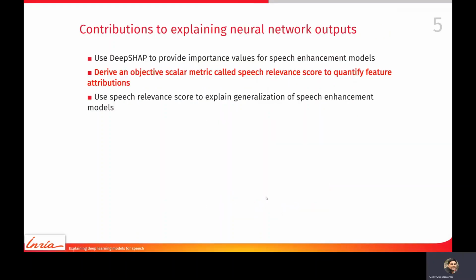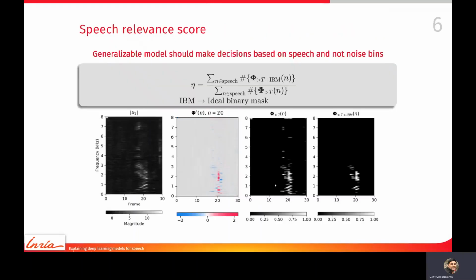Once we have these feature attributions, we propose an objective measure called the speech relevance score, which is the ratio of two quantities. For example, this is the input spectrogram, and this is the feature attribution for one particular time frame. The denominator is the number of time-frequency bins above some particular threshold t, and the numerator is the subset of these where the time-frequency bins belong to speech, or in this case the IBM, the ideal binary mask.